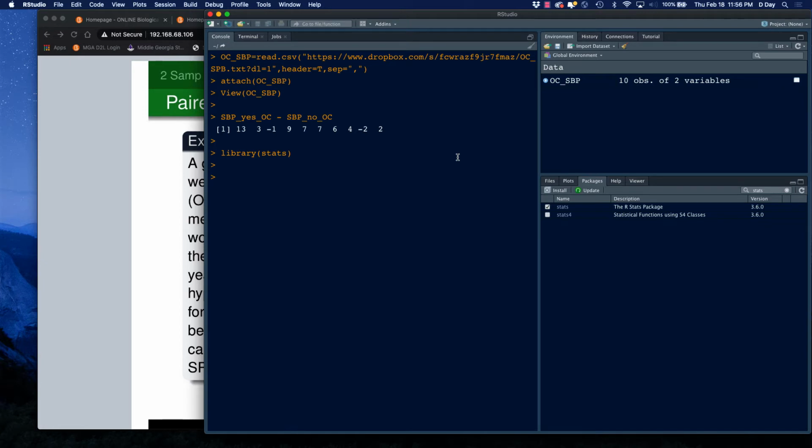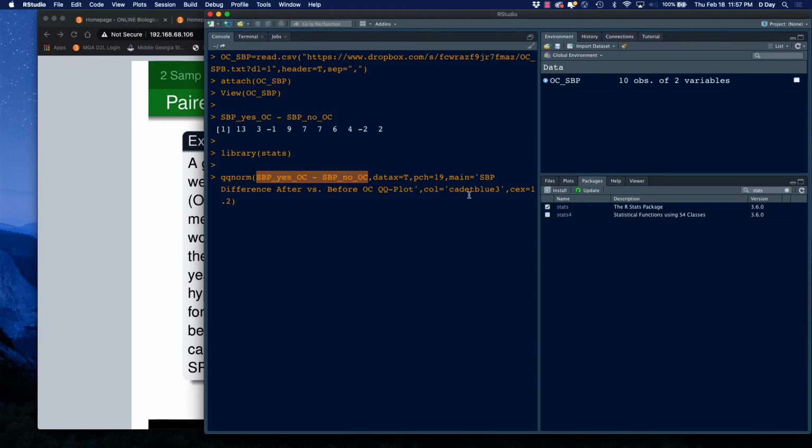And then I can put my QQ norm plot in here. Notice that I kept that SBP yes minus the no here. That's my first entry, so that's my data, the differences. So you don't have to find the differences and call them something and then plug it in here. You can plug it all in at one time.